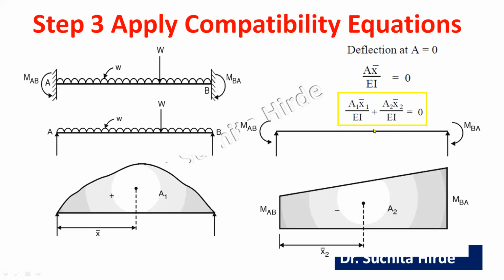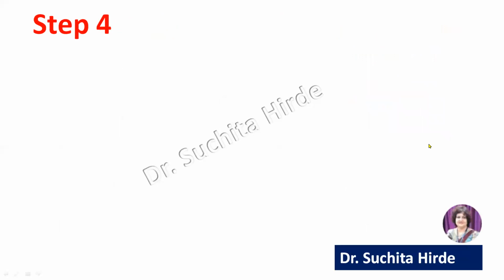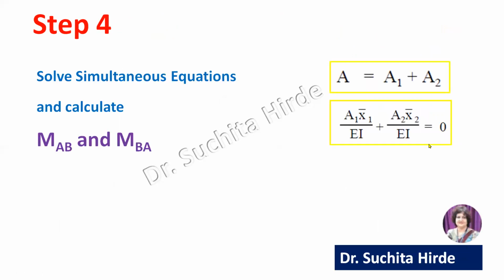Here we have 2 equations. First equation is slope at A equal to 0 and second equation is deflection at A equal to 0. Using these two compatibility equations, we will get two unknowns, that is MAB and MBA. This is our aim, to calculate the fixed end moments at A and B.